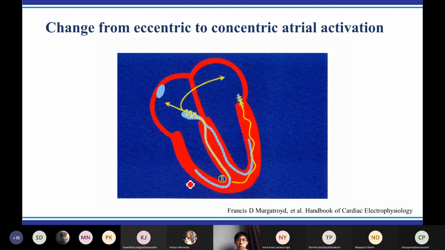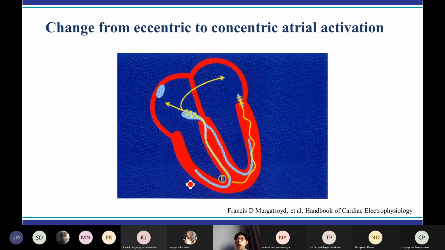But the change from eccentric to concentric is when there is something that makes the AV node conduct better. For example, if you pace slower and the AV node could recover from the refractory period, this would result in using the AV node pathway to conduct from the ventricle to the atrium, and this would result in concentric atrial activation.